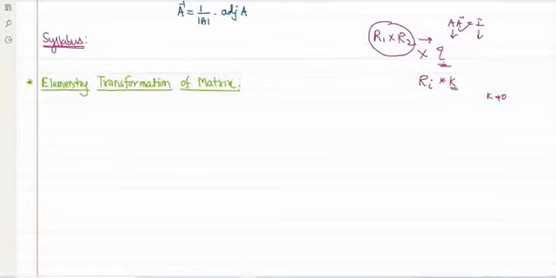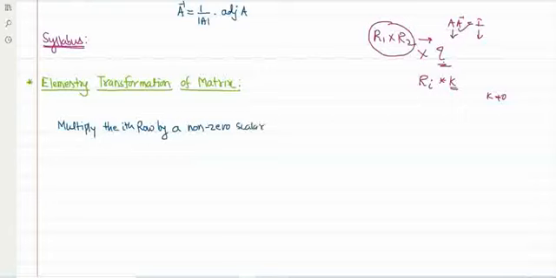So first here I will write: multiply the ith row by a non-zero scalar k.